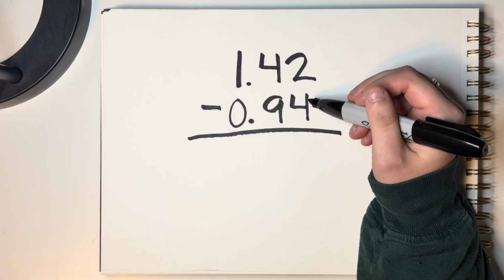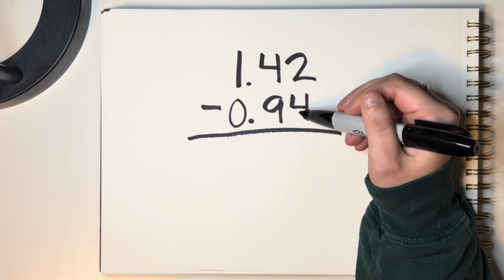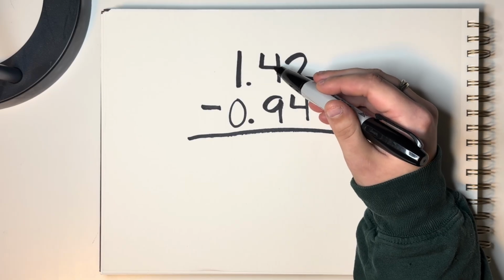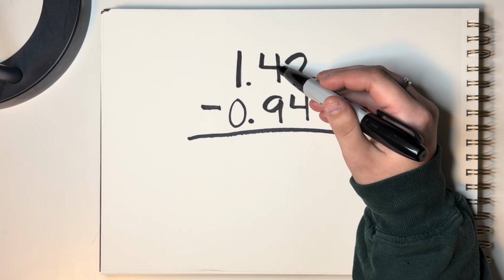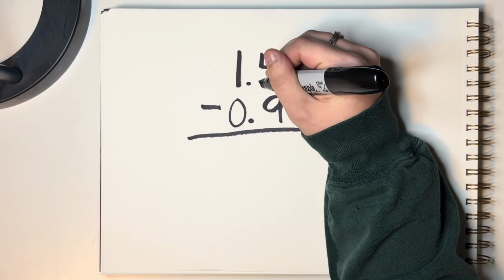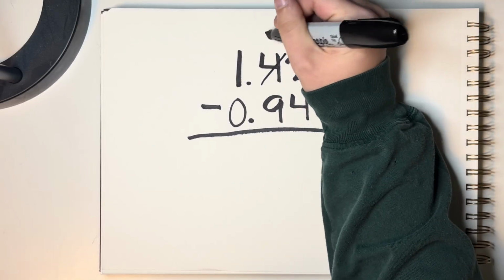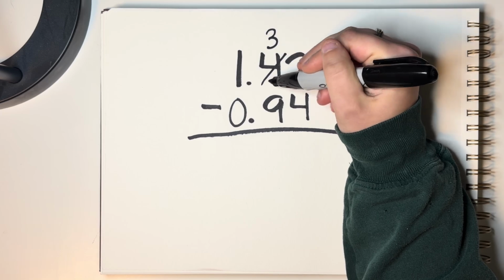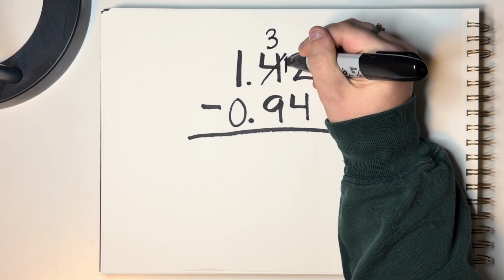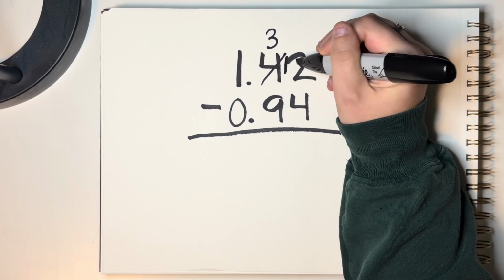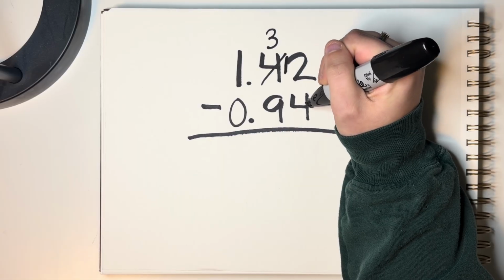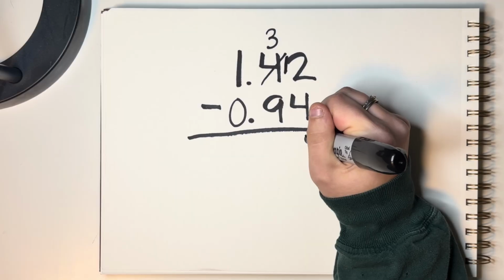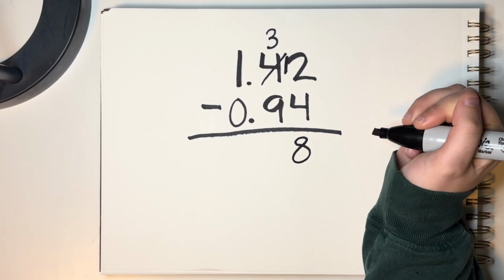We can't do that. 2 doesn't have enough to take away 4. So we have to borrow from our neighboring place value, which is 4/10. So I would cross this 4 out, and this 4 becomes a 3. That 10th that I took from this place value now is going to get added to my hundredths place. So this is now 12 minus 4. We can do 12 minus 4. And 12 minus 4 is 8. So I'm going to put this 8 right down here.